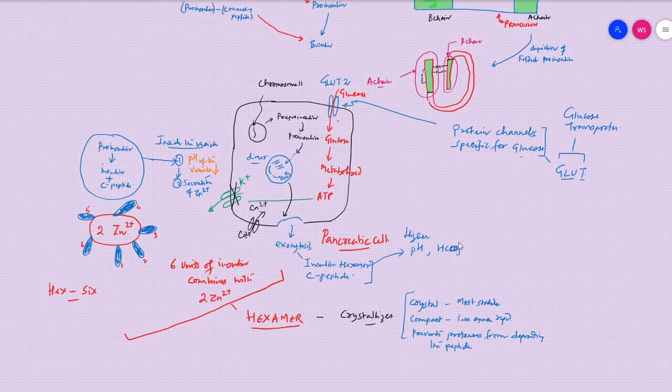Where is the pancreatic cell releasing it? Into blood vessels, into the blood. The pH of blood is higher than that of the vesicle, and there is also bicarbonate ion. In the presence of higher pH and bicarbonate, the hexamer is converted to monomer. So now there are insulin monomers in the blood.